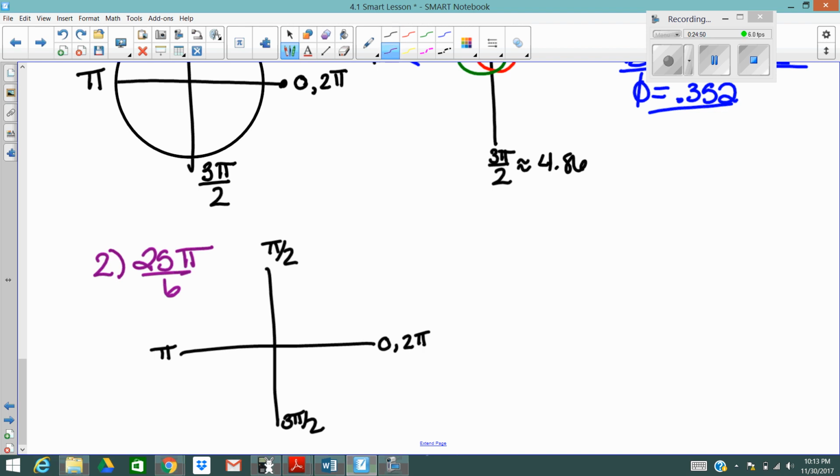So to make life easier, I want to make all of these in terms of sixths. So this is actually 3 pi over 6, this is 6 pi over 6, this is 9 pi over 6, and 2 pi would be 12 pi over 6.